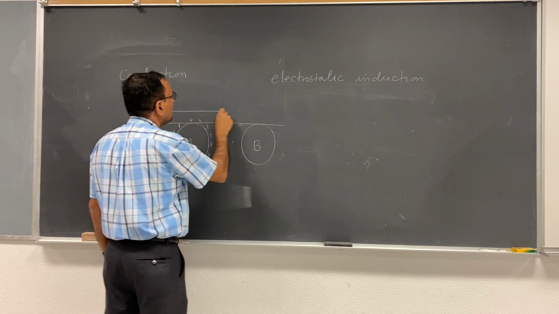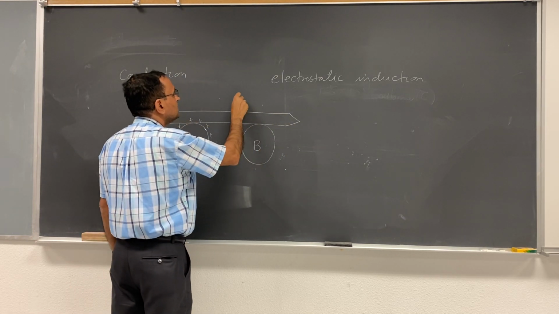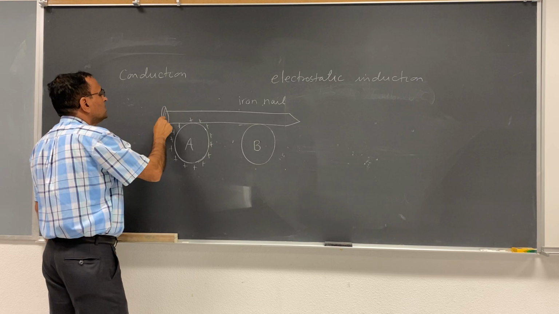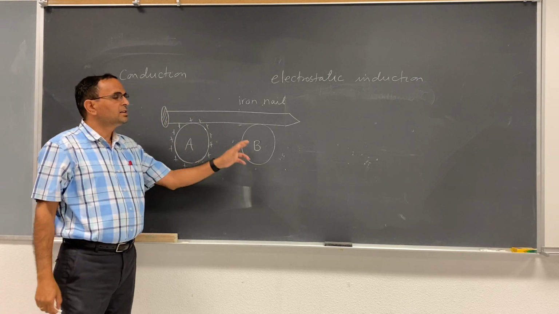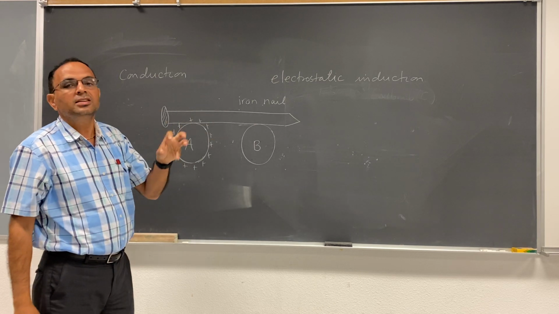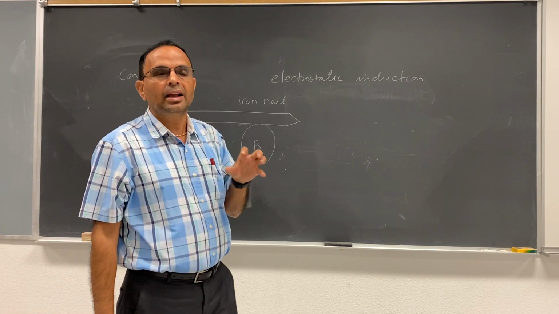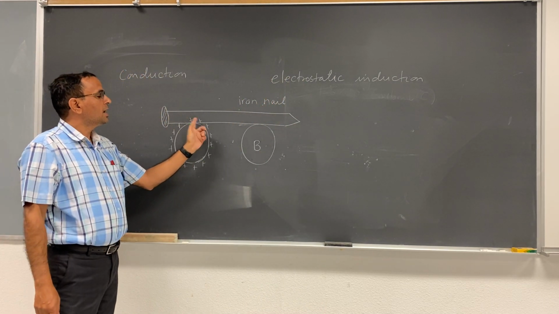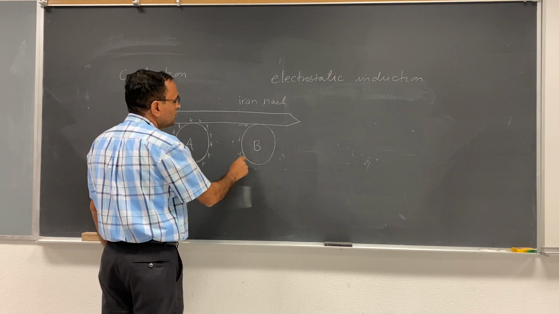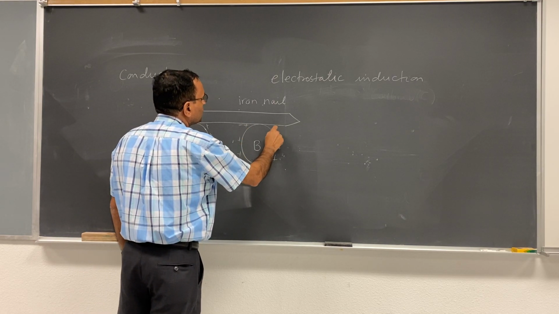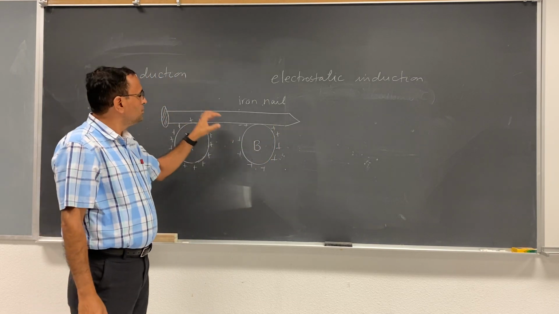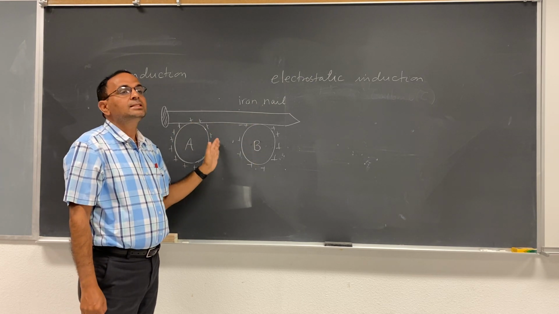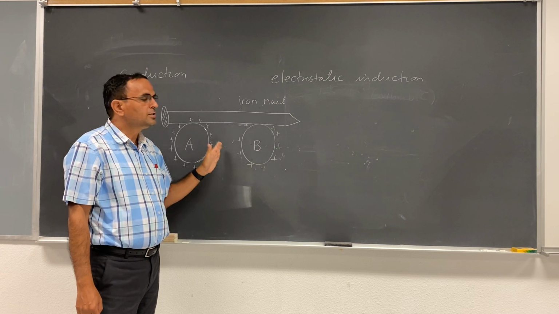Let us suppose this is an iron nail. If you connect sphere A and sphere B by the iron nail, iron is a conductor. Iron can conduct electricity. So a certain amount of positive charge transfers to this sphere, and then this also becomes positively charged. So the charge transfers by touching, using this iron nail to connect the two spheres. This is conduction, conduction by touching.